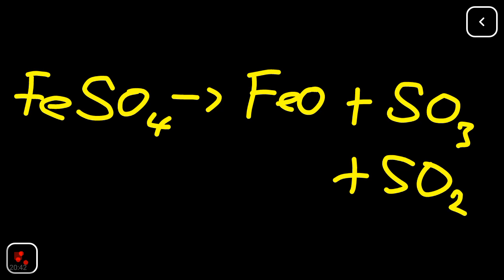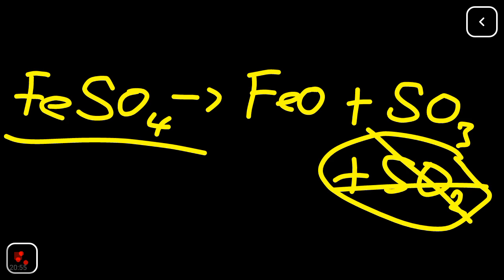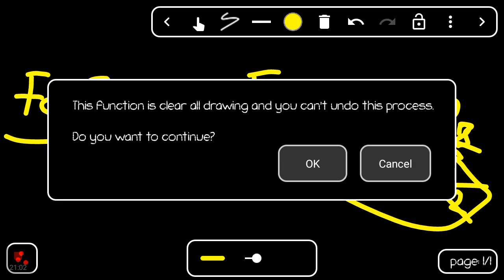So these are the additional ones you produce from iron 2 sulfite. If you do it like this, it can be balanced. You can balance it like this, no doubt. But if you don't have this one and you just have 2 here, it will never be balanced. So just keep that at the back of your mind. So that's for sulfite. Without waste of time, let's go to the next thing.